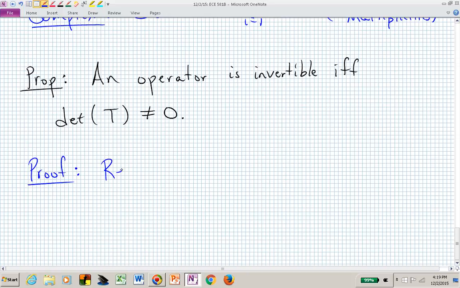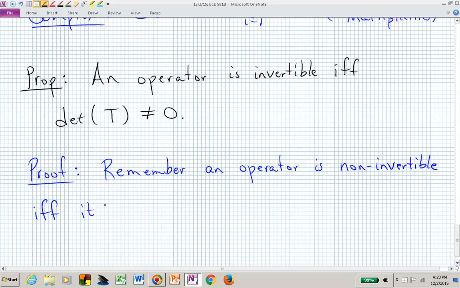And the proof just relies on us remembering a fact from earlier in the class. Remember, an operator does not have an inverse, or I will say is non-invertible, if and only if it has at least one zero eigenvalue, a 0 for an eigenvalue.